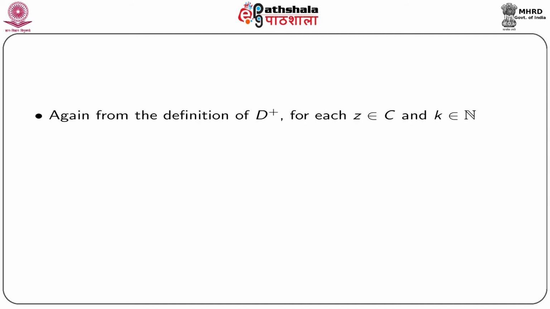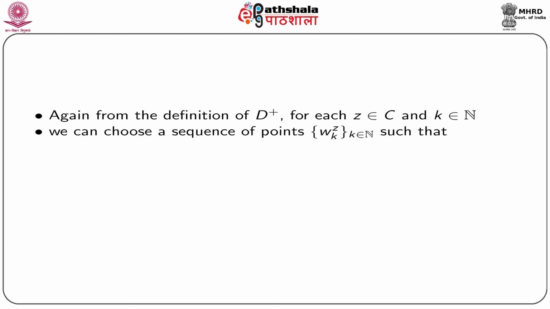Now, we use the definition of D upper plus, and using it for each z belonging to C and for each positive integer k, we can choose a sequence of points w_{z,k}, k belonging to N, which has this property that z is less than w_{z,k} less than z plus 1 over k, and the closed interval [z, w_{z,k}] is chosen so small that it is contained in the open interval (x_r, y_r) for some r.